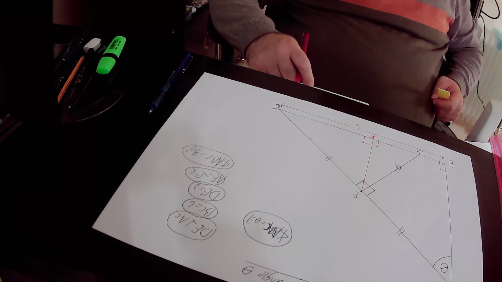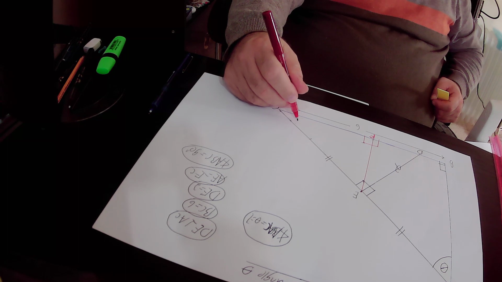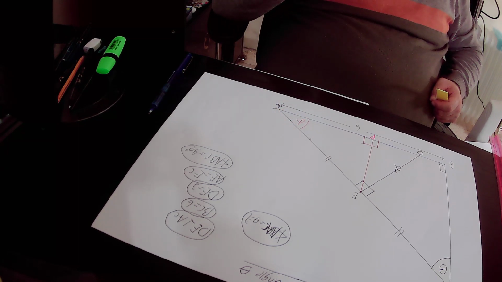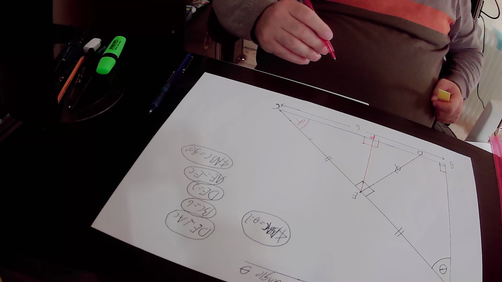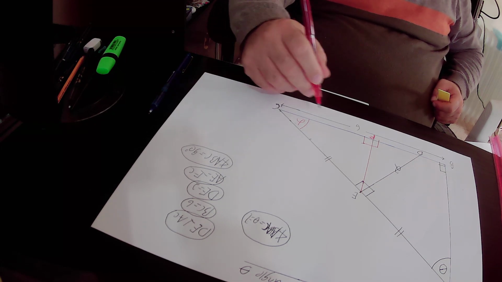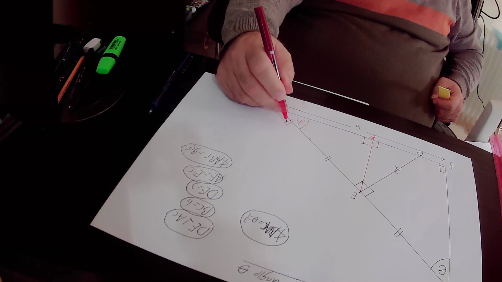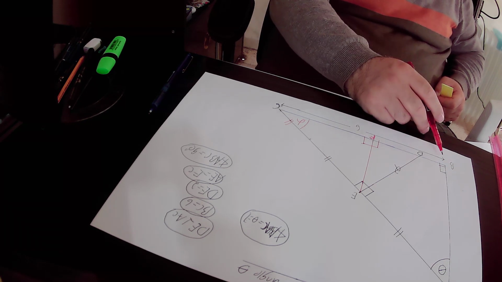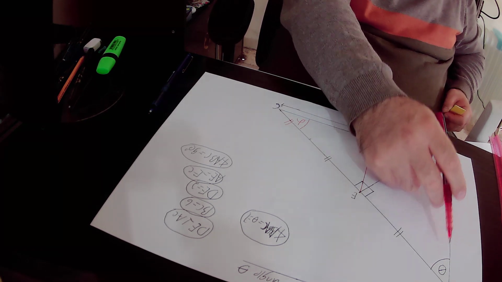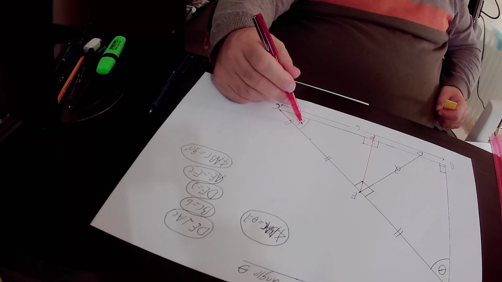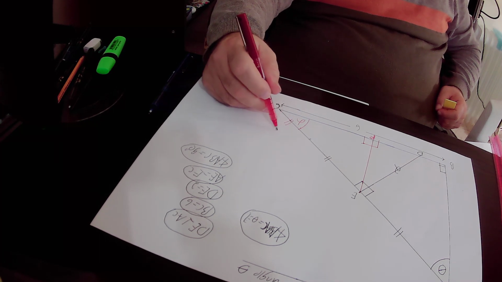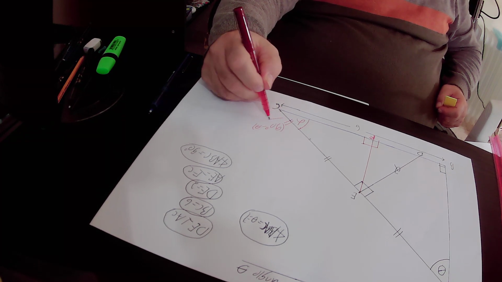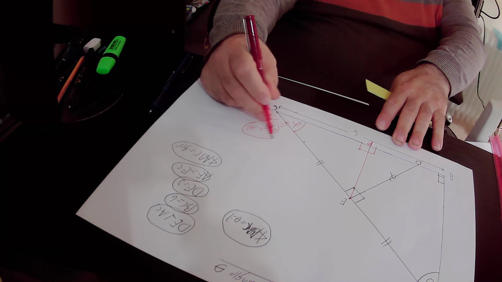In the next step, we will define angle ACB as alpha. So angle ACB equals alpha according to our definition from one side. But from the other side, in the right triangle ABC, this angle equals 90 degrees, this angle equals theta. So angle ACB must be equal to 90 degrees minus theta in order to complete the sum of the angles in the right triangle ABC to 180 degrees.